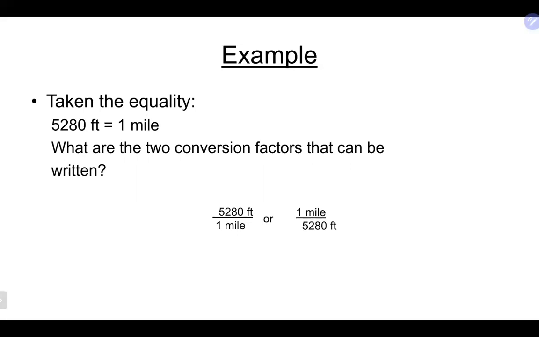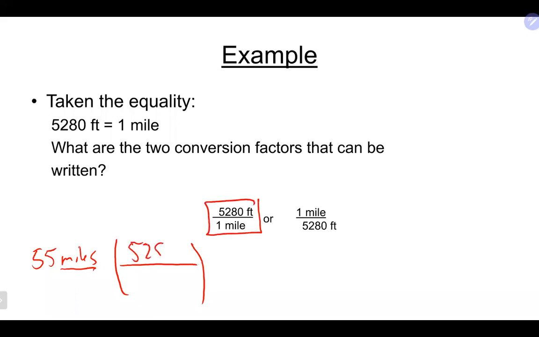So if we traveled 55 miles and we want to know how many feet that would be, once again, we would start with what was given to us. We would use the conversion factor where the units are in the opposite location, which would be this one. And we would do 5280 feet up on top, 1 mile on the bottom.